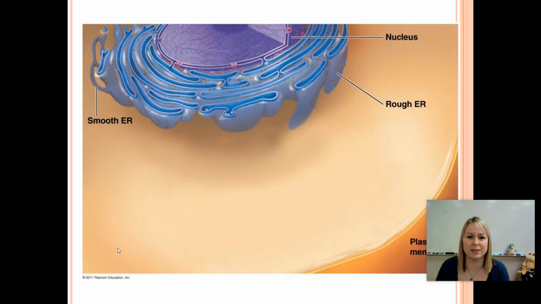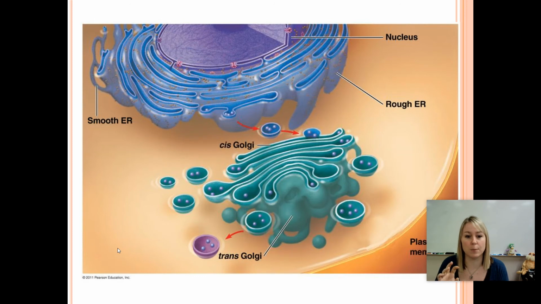Here's the endomembrane system review. I don't know why it's here now. Oh, because vacuoles. Okay. So coming off of the ER are those proteins, those amino acid chains, these polypeptides. They arrive at the cis face of the Golgi. They become folded, they get things added, they take their final quaternary structure, and they leave on the trans face in a vesicle as either a vacuole, maybe a lysosome.